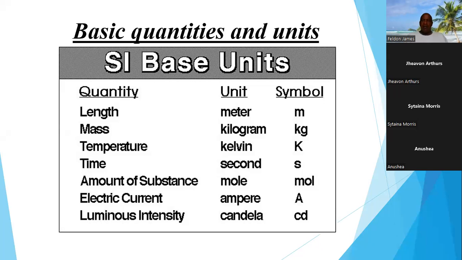Now, 1 day is just one full turn of the earth. But how do we get a year? We get a year by counting 365 days and a quarter.